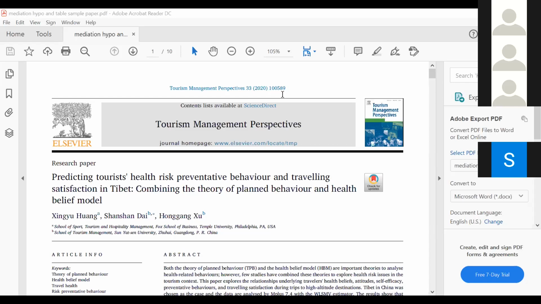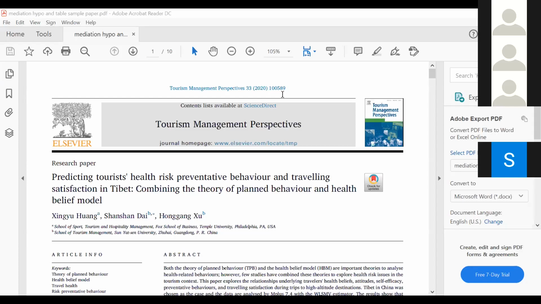When you're on a tour, you're a little free. Even if you're diet conscious, you'll eat more because you're on a leisure trip. But there are people who, even at a leisure trip, have this health risk preventive behavior. A new term, a new study, a new variable, a niche variable.